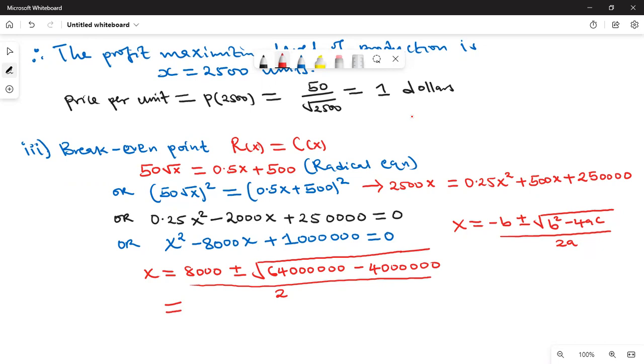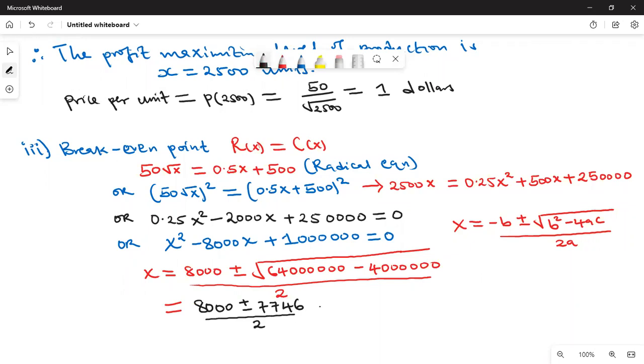The root of 60 million is 7,745.967, so this we can now write as 8,000 plus or minus 7,746, divided by 2.